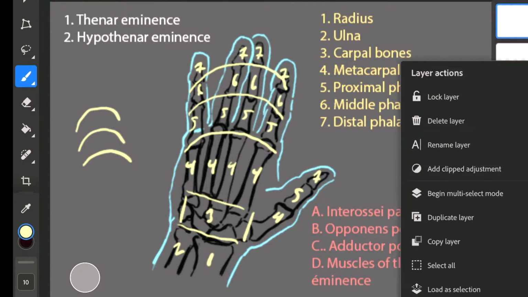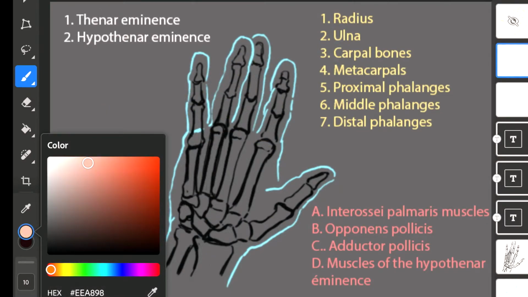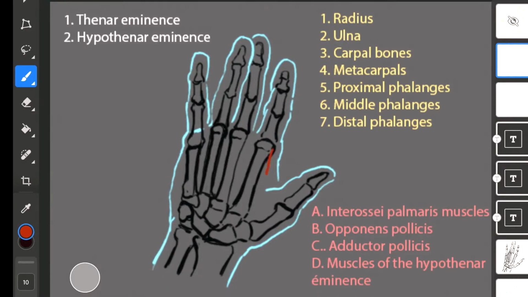Let's hide this. Change colors. Okay, so let's start off with the interosseous palmaris muscles. These are muscles that start from the metacarpals and attach at each side at the proximal phalanges.